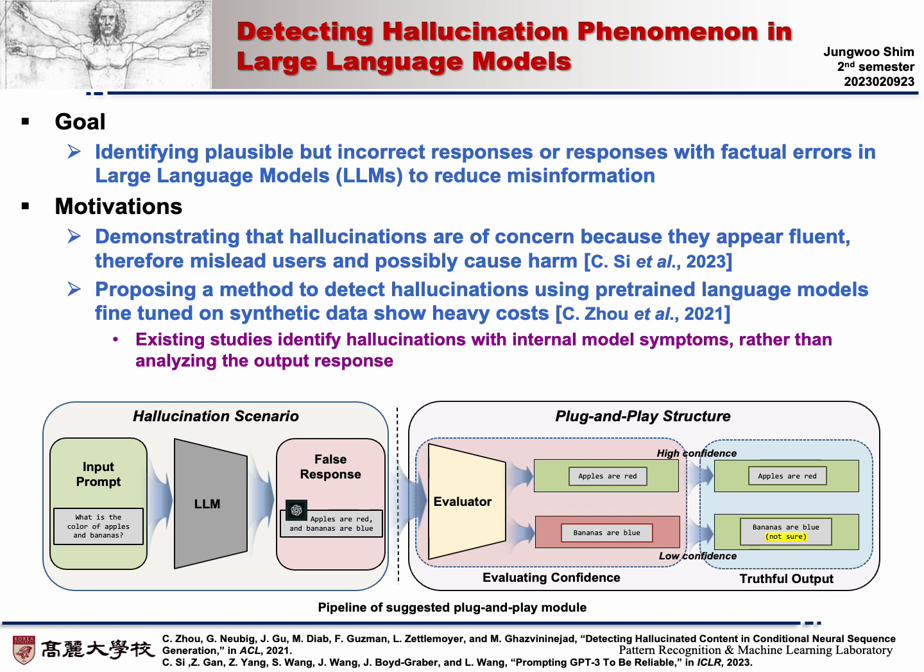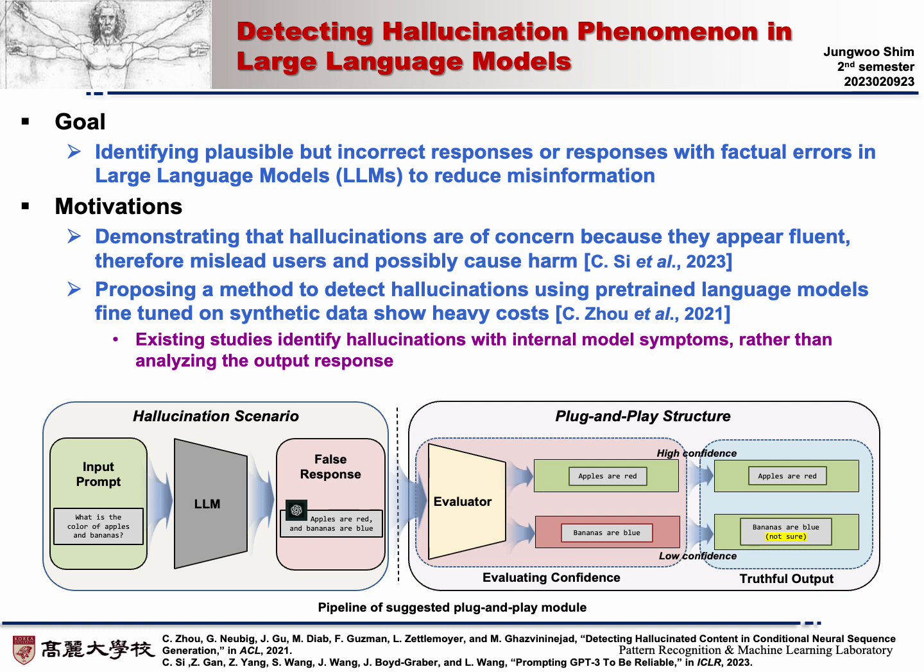Moreover, my research proposes a unique approach to detect such hallucinations, where instead of the traditional models, I'm proposing the use of pre-trained language models fine-tuned on synthetic data. But there's a catch, and there are significant costs associated with this method, as found in the study by Zhu et al. in 2021.